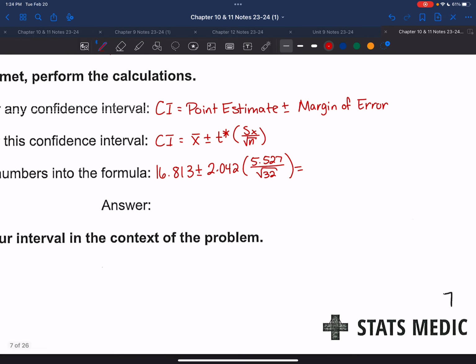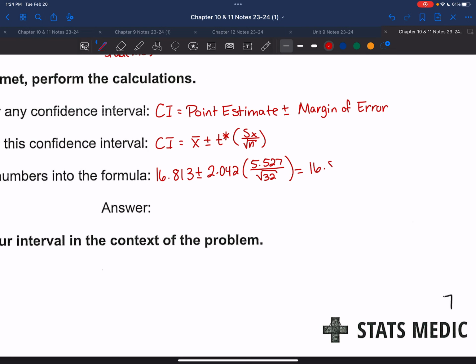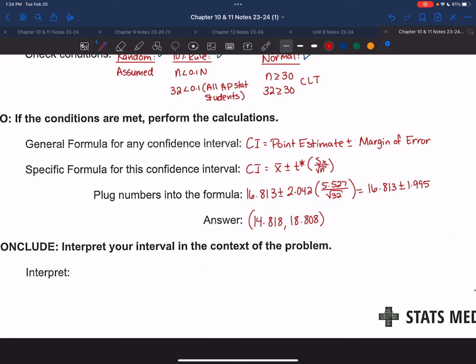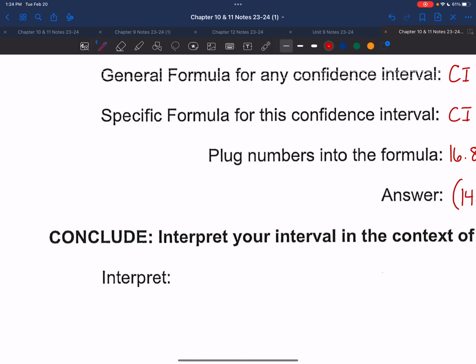So I'm going to get 16.813 plus or minus 1.995 for a confidence interval of 14.818 up to 18.808. And so remember, in order to get t star, this is a little side note, that's equal to inverse t.